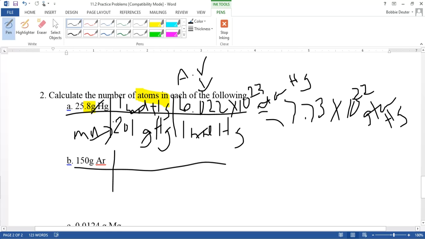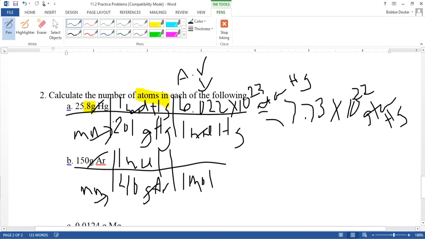Okay, so we have 150 grams of argon. We look at our periodic table and put our molar mass of argon here. We only have 1 atom of argon. It's going to be 40 grams of Ar over 1 mole. Grams now cancel out. 1 mole is going to go over Avogadro's number.